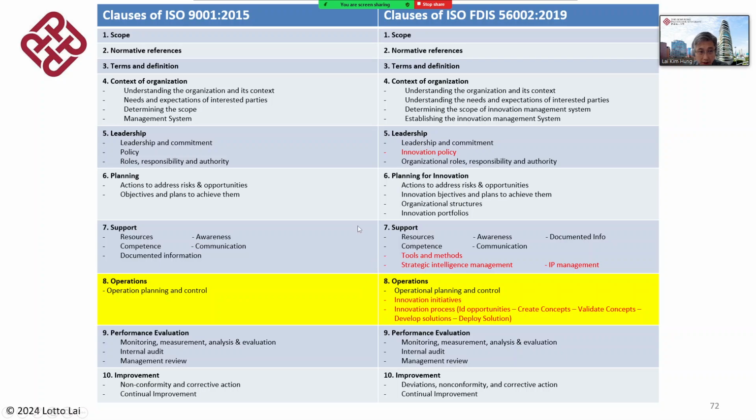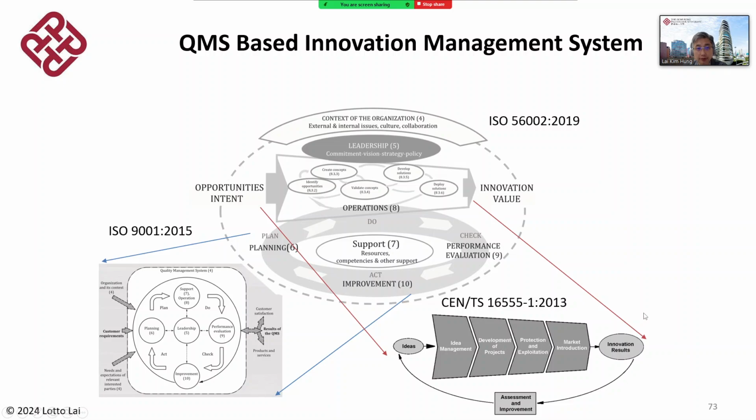Also, we are mostly close together, except we are doing more on the innovation policy, tools and methodology, IP management, strategy, intelligence management, innovation initiative, and the operation is different, etc. So at the end, the combined QMS-based innovation management system standard, you can see the PDCA is the same as the ISO 9000 already included here.